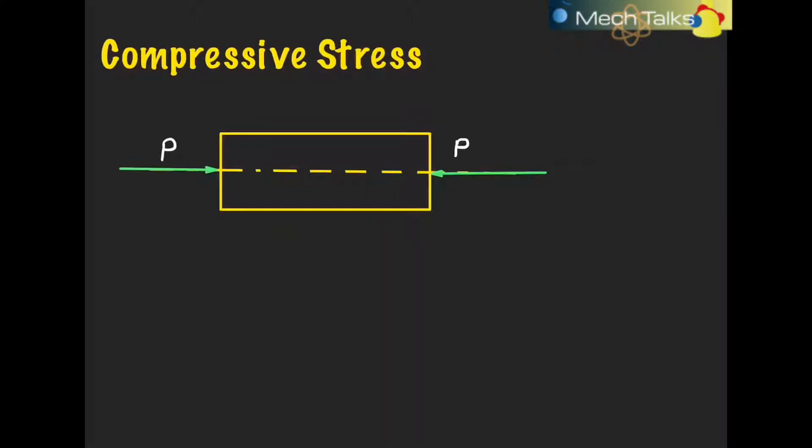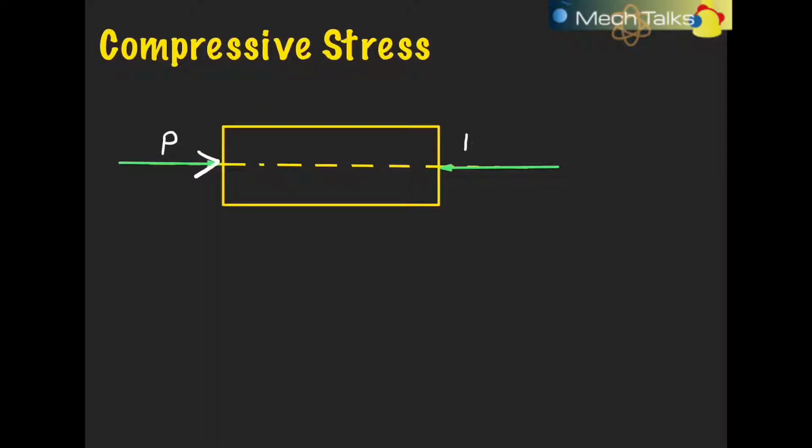When the same load is applied in the opposite direction, tending to reduce the length of the block, then the stresses developed inside the material will be compressive stresses.